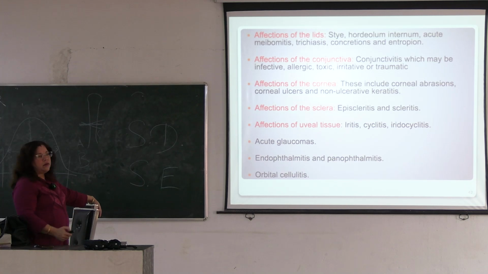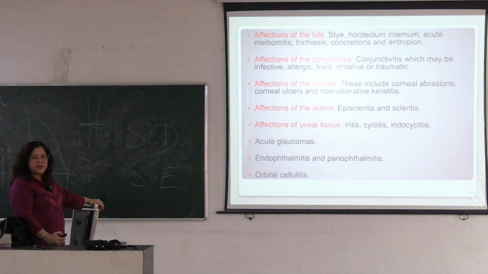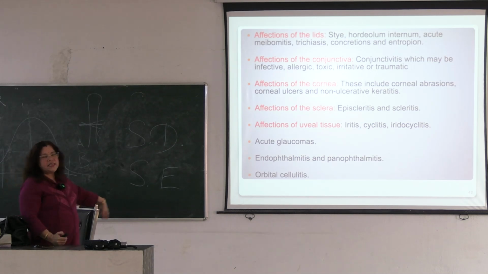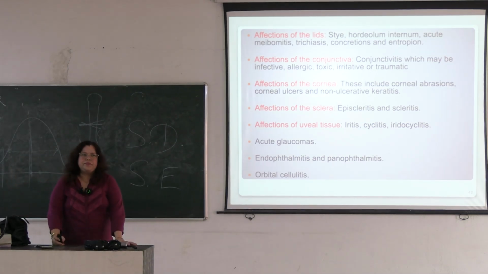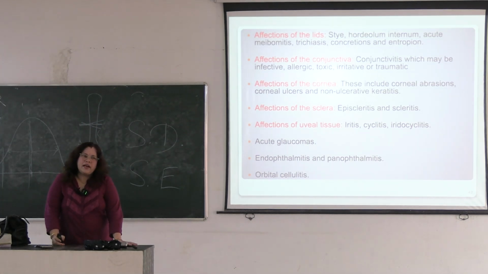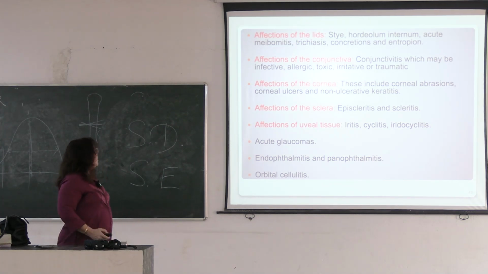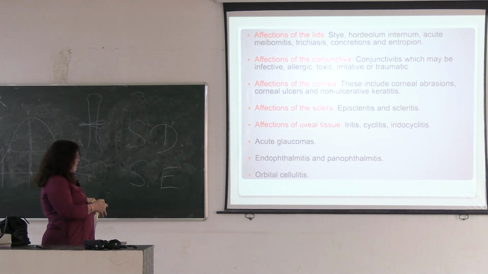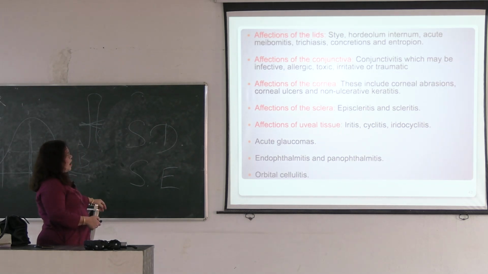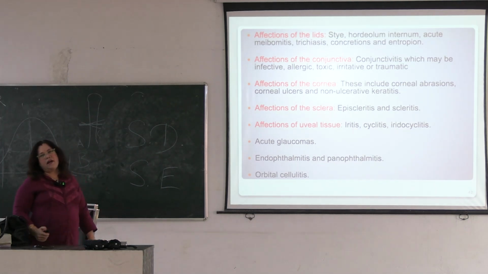Then affections of the sclera, which may be episcleritis and scleritis. What is scleritis? Inflammation of the superficial part of the sclera is called episcleritis, and of the deep part is scleritis. And the affections of the uveal tissue may be iritis, cyclitis and iridocyclitis.